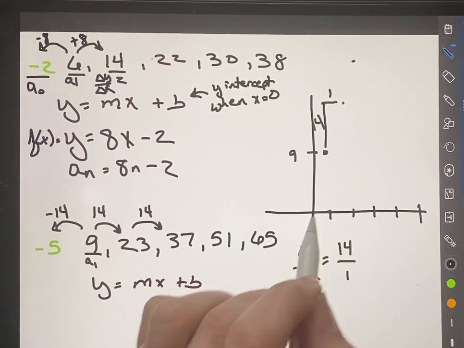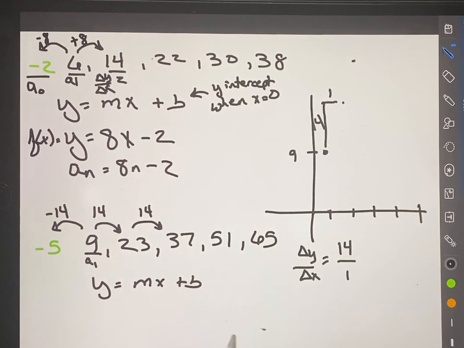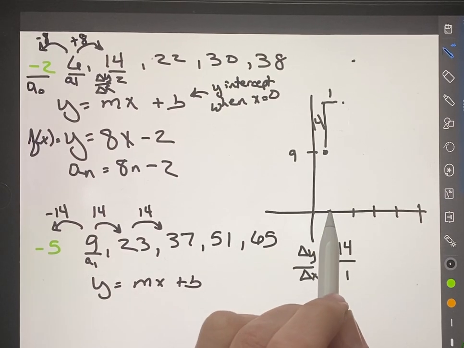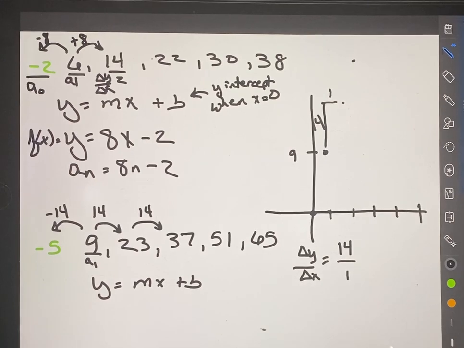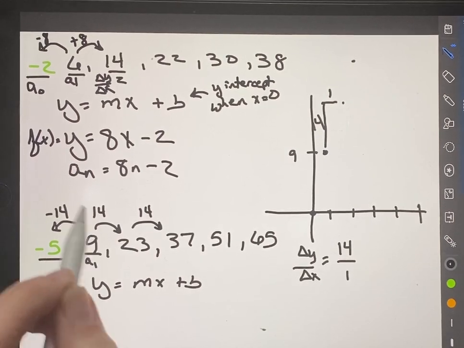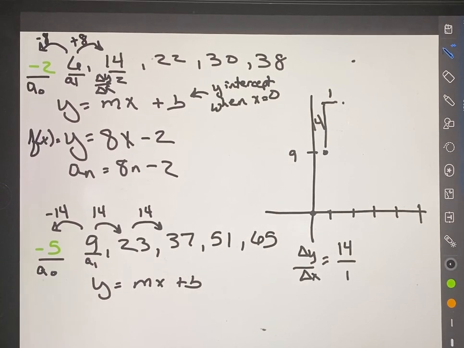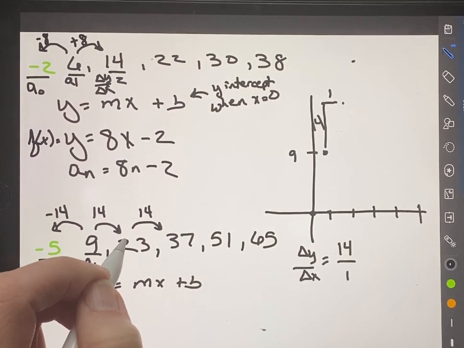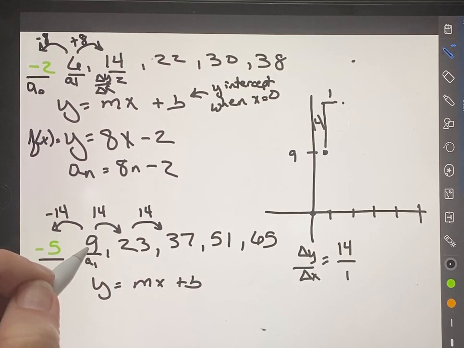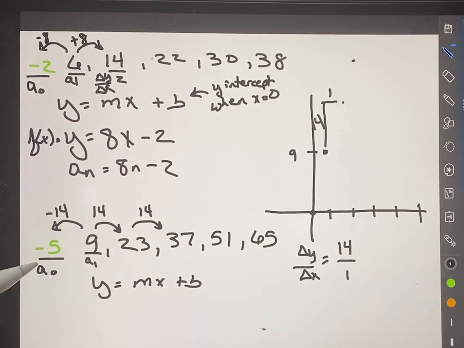But I need a y-intercept to be able to fill in my b. So if at 1, it's at 9, where is it located if it's at 0? So we have to go backwards and find that a sub 0 term location. Well, if I added 14 to get to 9, then I have to subtract 14 to go back. So I've got -5.